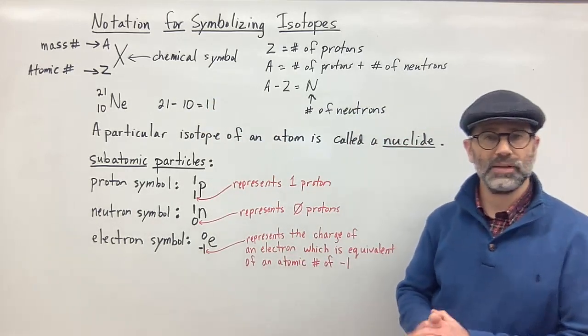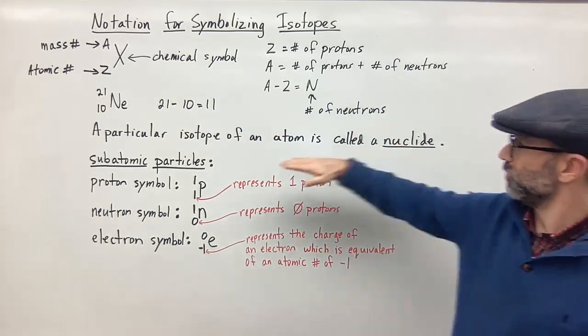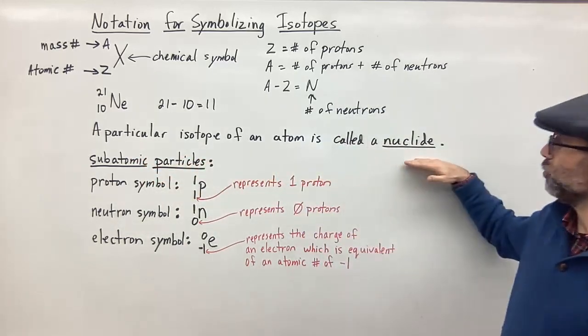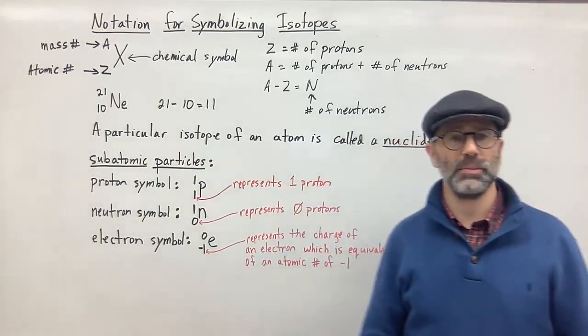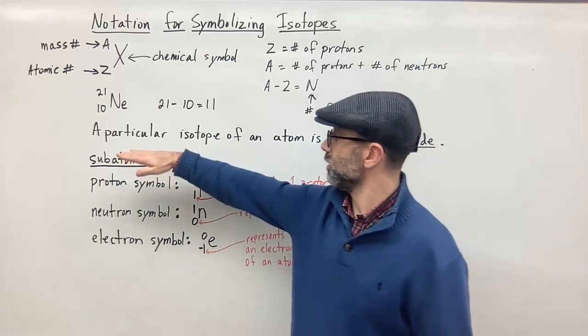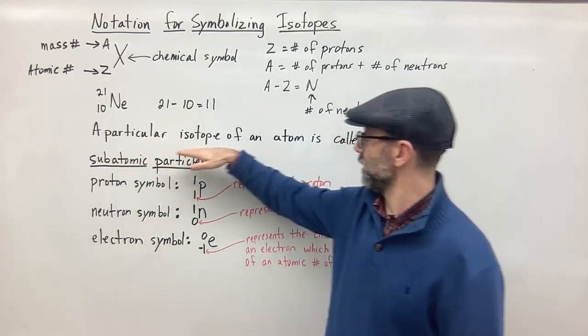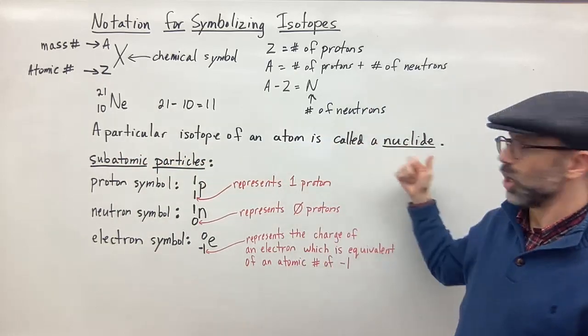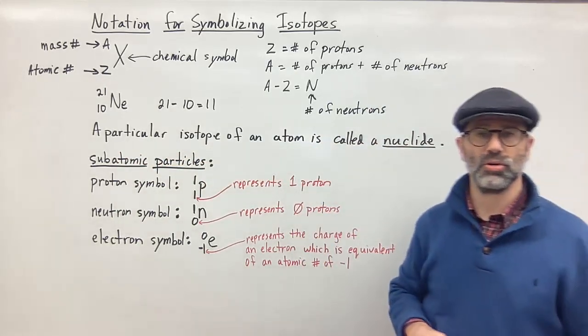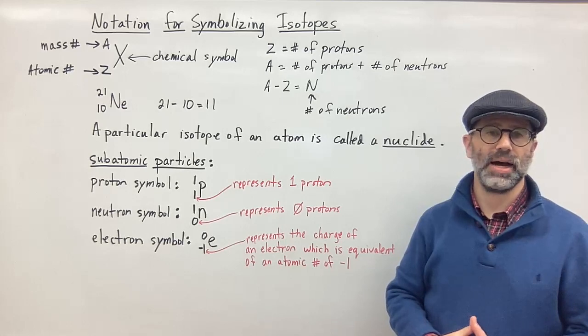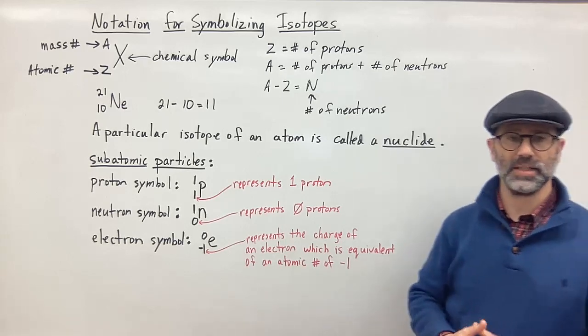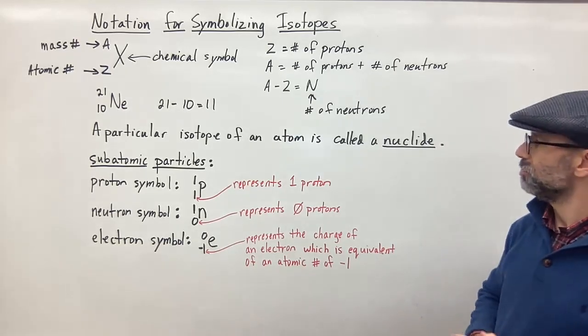Okay, so the next thing is this word nuclide. When we're talking about nuclear chemistry, a particular isotope of an atom is often called a nuclide. So just keep that in mind. We're going to be talking about nuclides in nuclear chemistry.